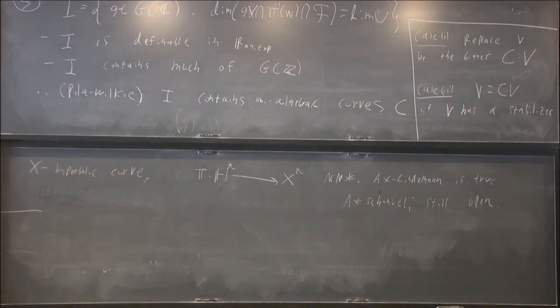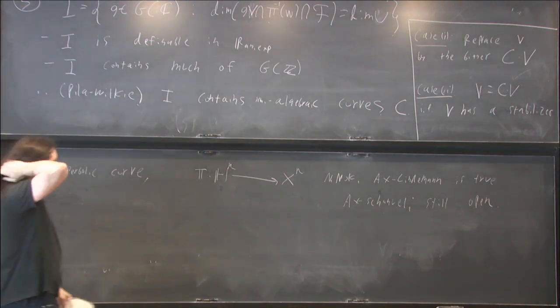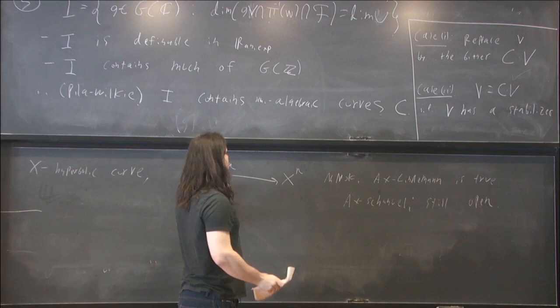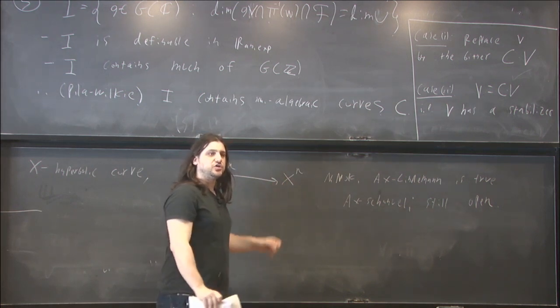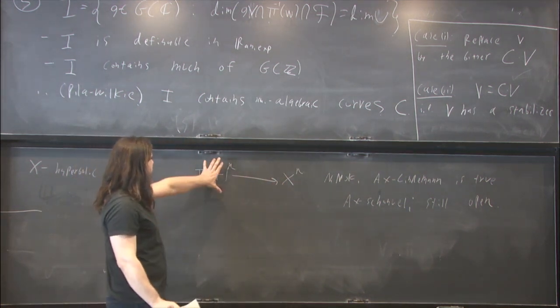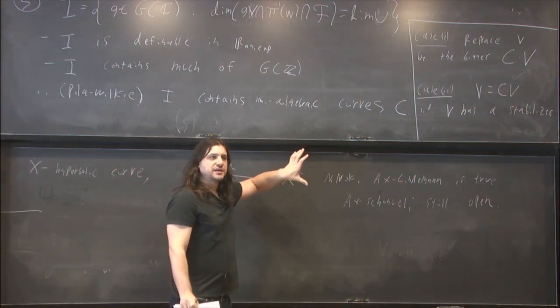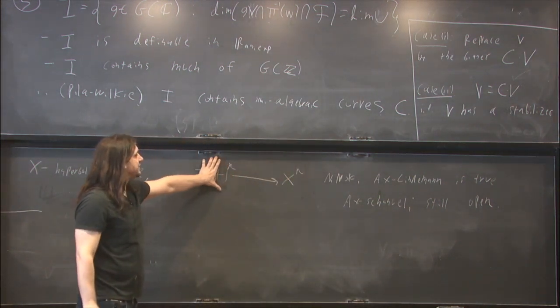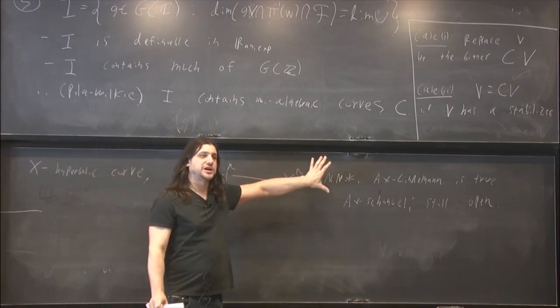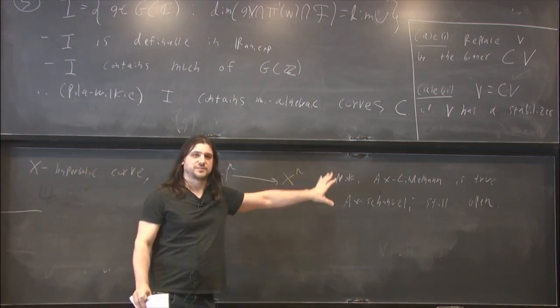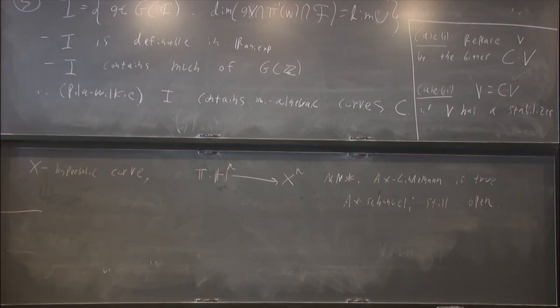OK, so Mok's idea was that even though this map is transcendental, you can actually pass many of the algebraic structures over here to this setting, but you have to stop talking about algebraic varieties and start talking about algebraic foliations. OK? So the idea is the following.